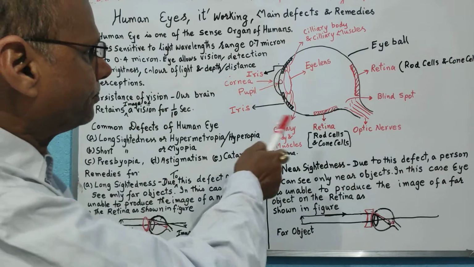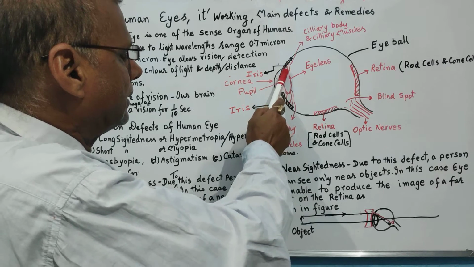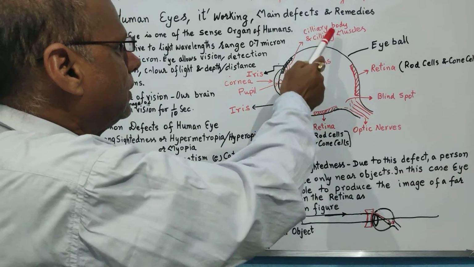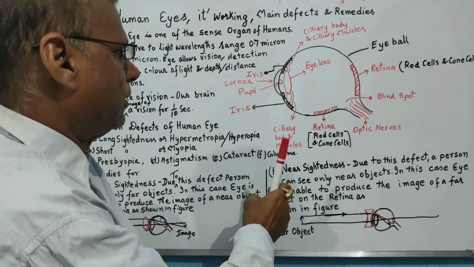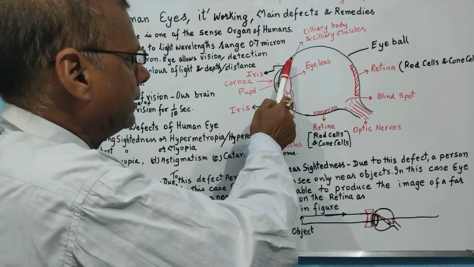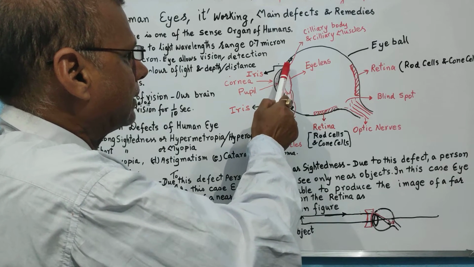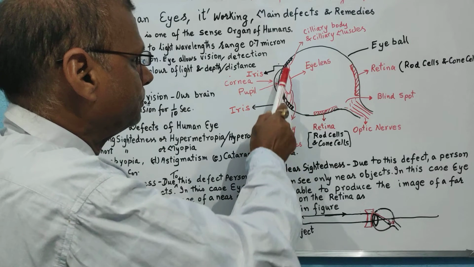Now, you see the eye lens is supported through the ciliary muscles. Ciliary muscles can be elongated and shortened according to our will, according to our requirement, and these ciliary muscles are hanging on the walls of the eyeball.